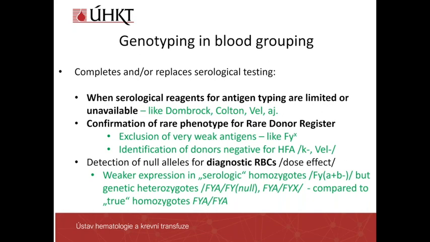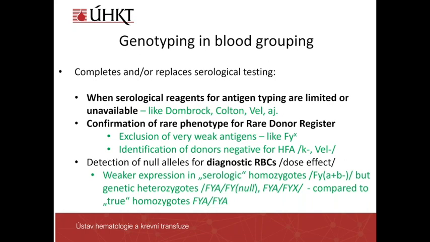Important knowledge is also exclusion of null alleles in donors used for preparation of diagnostic red blood cells, because for screening red blood cells it's necessary to have strong expression, so homozygous expression.